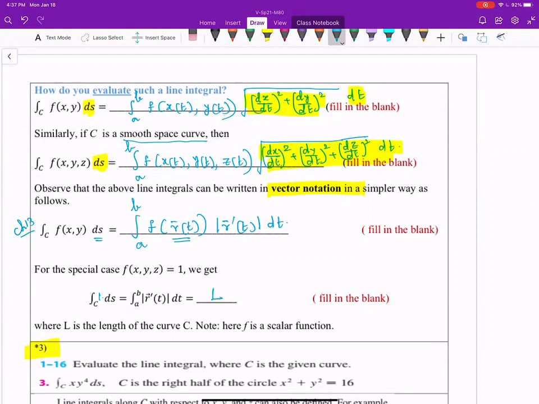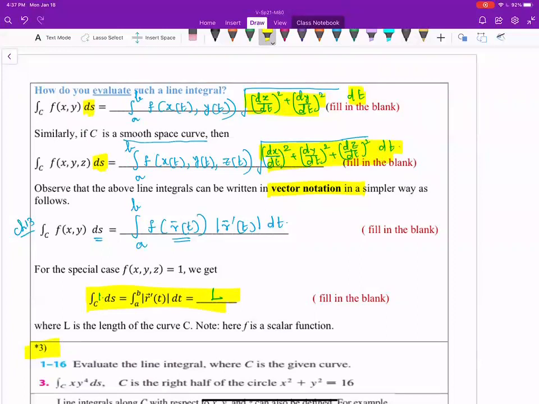Again, this idea was explained in chapter 13. So if the height f of x, y is taken as 1, then the line integral of ds over C becomes just the length of the curve, L, where L is the length of the curve C. Note that f is a scalar function.